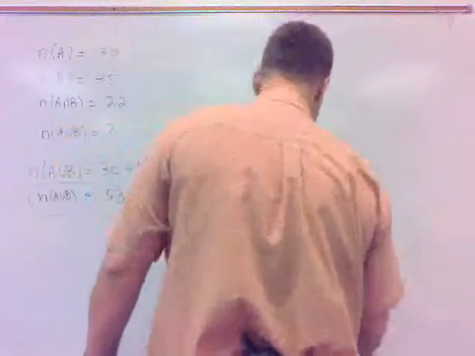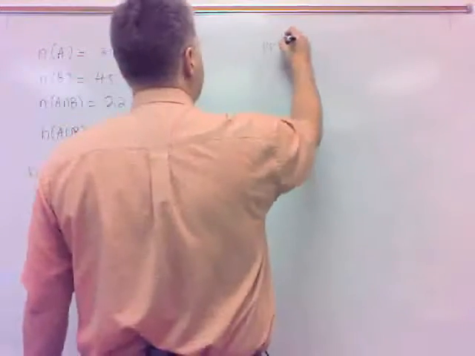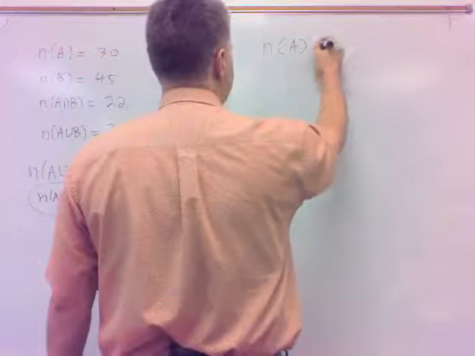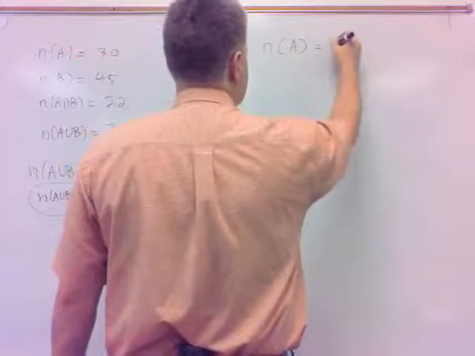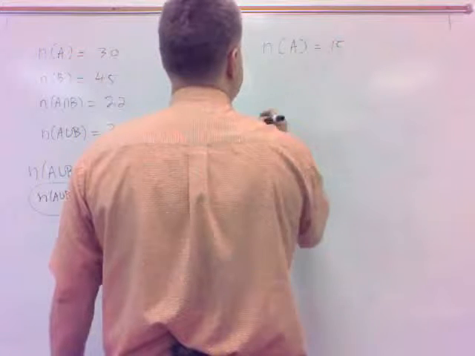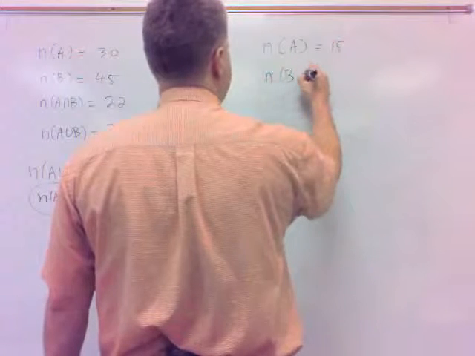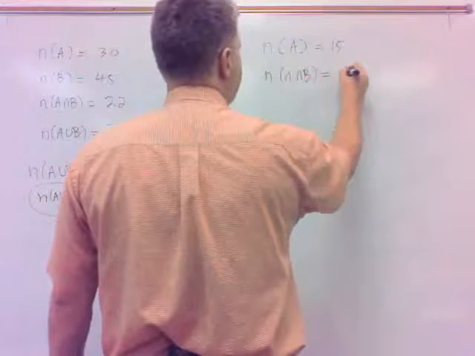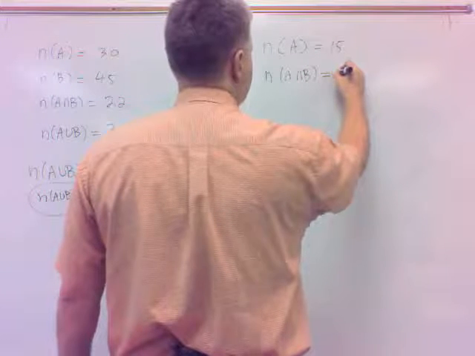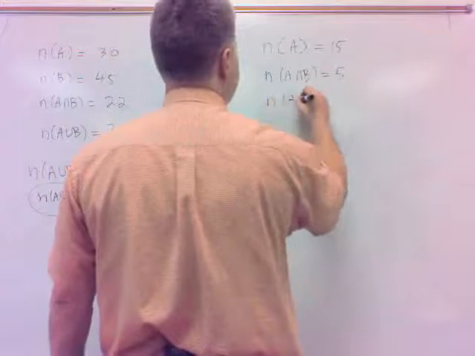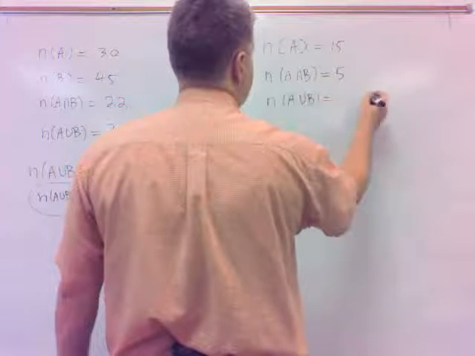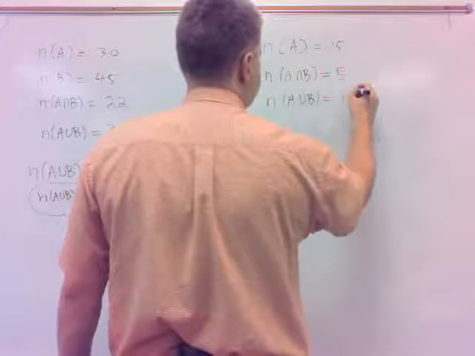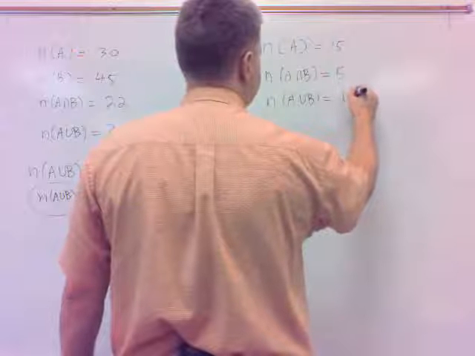What if the number in A is 15, the number in A intersection B is 5, and the number in A union B is 18?